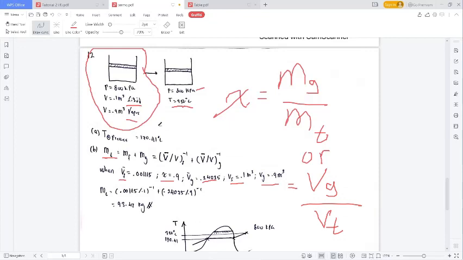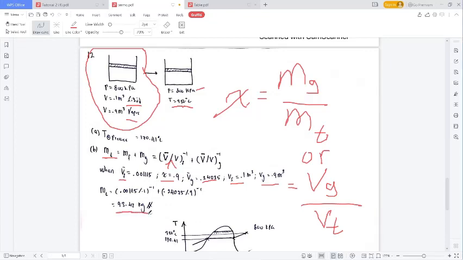Since Vg is equal to 0.9 and the total volume for both vapor and liquid is 1, our value of x is 0.9. There is no unit because it is a ratio. So with 0.9, you have all the parameters you require, and you can include them in this equation.